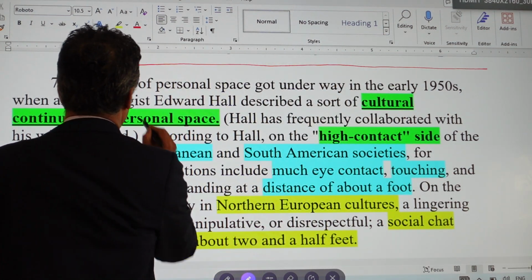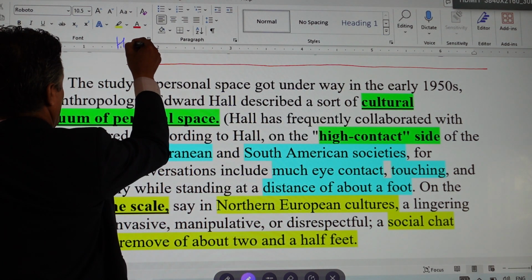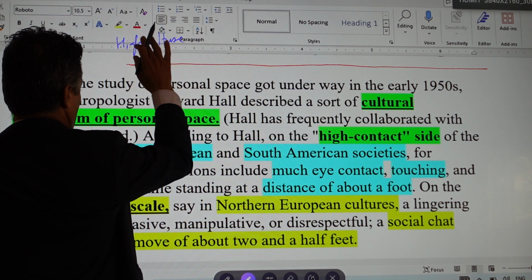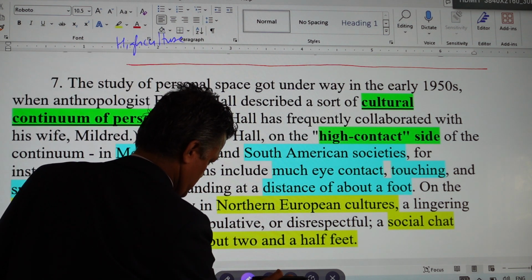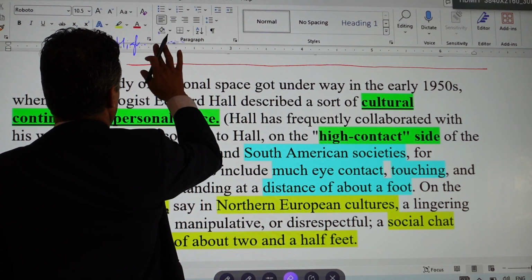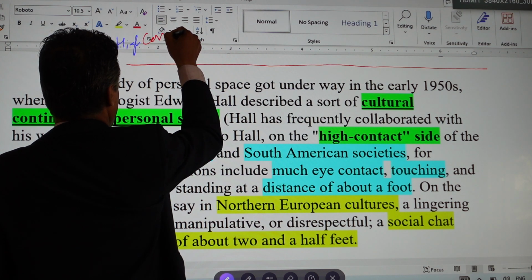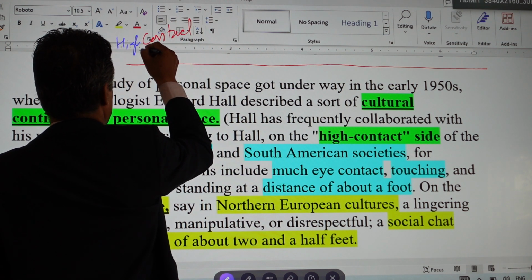And at one end you put high contact cultures.